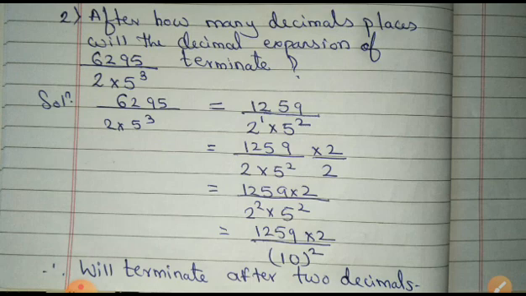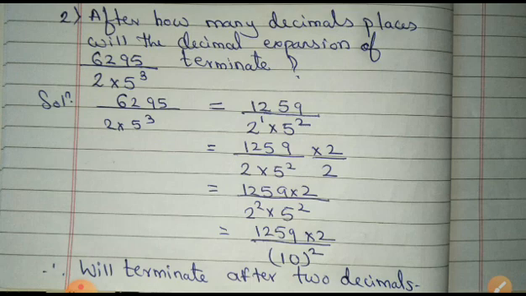If I divide by 5, I'll be getting 1259 by 2 raised to 1 into 5 raised to 2. Now this is in the simplest form. Now what is our next step? The next step is to make the denominator's exponents the same, and that too to the highest exponent.